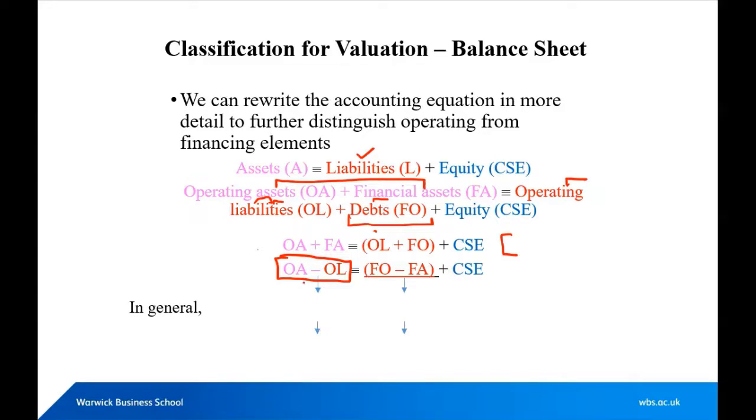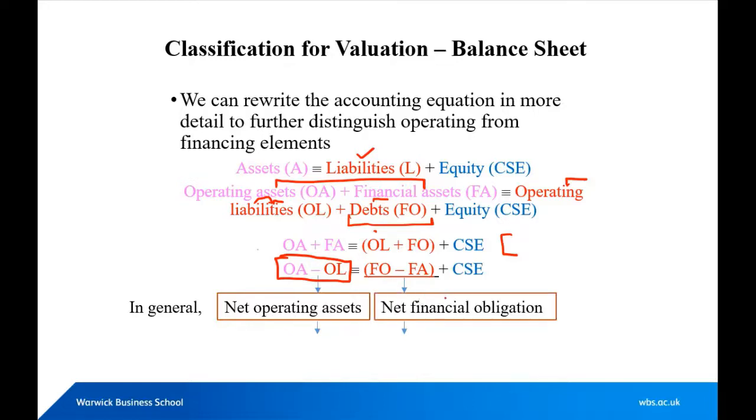The difference between the operating assets and the operating liabilities will be known as net operating assets. And the difference between the financial obligations and the financial assets will be known as net financial obligations.